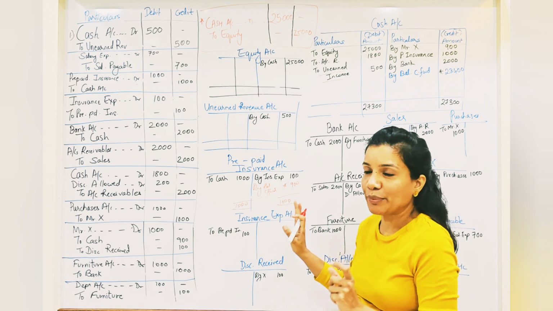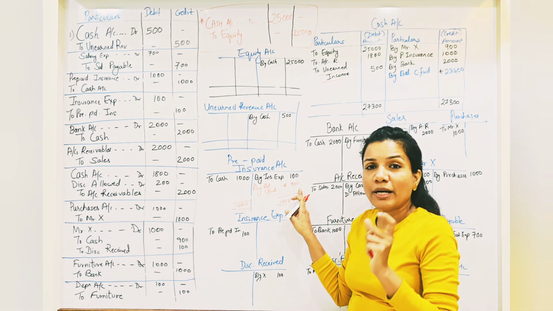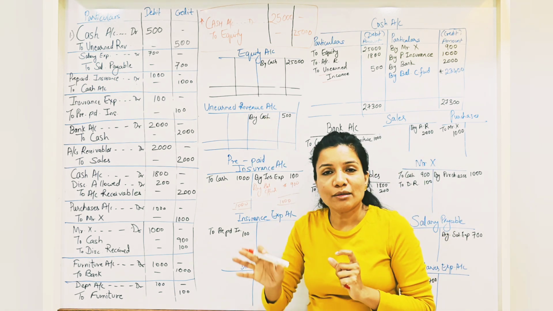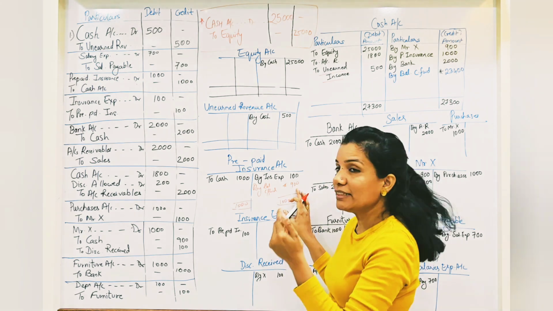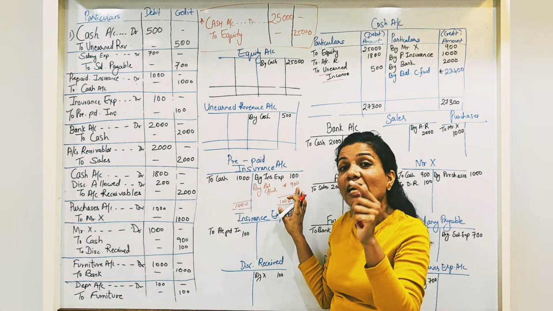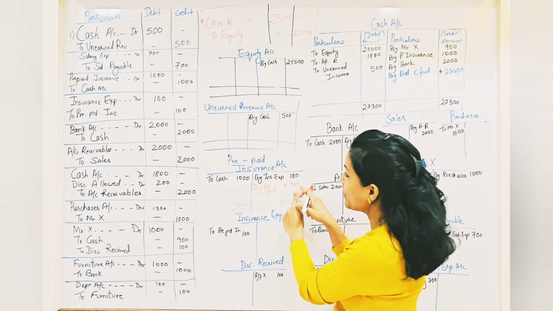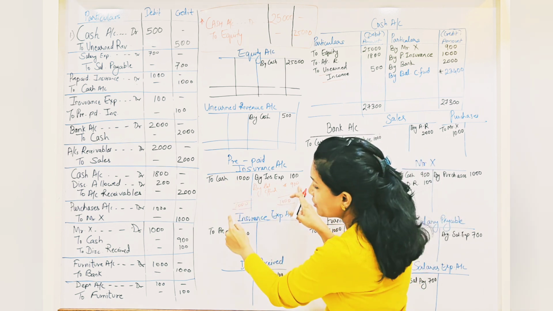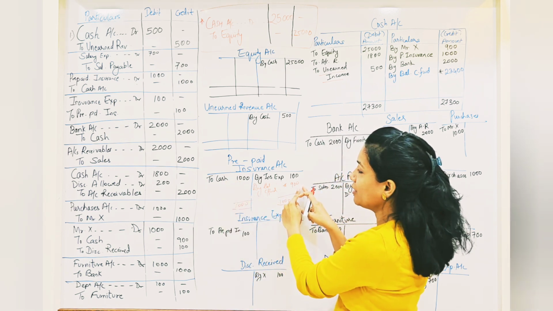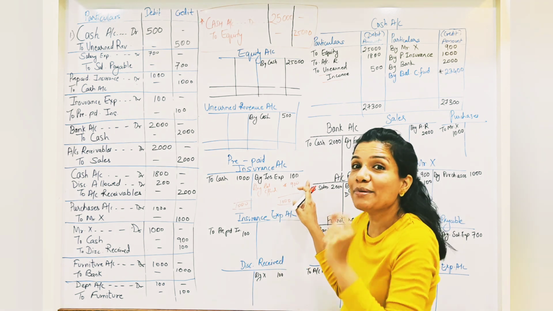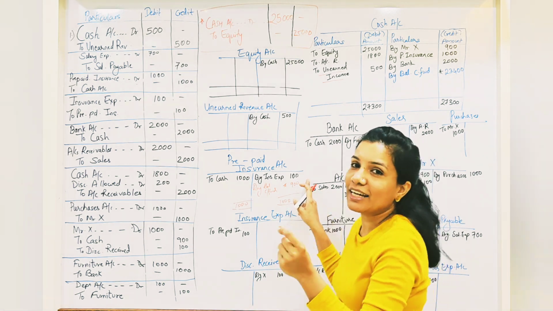The balance of the prepaid account is only 900. But the question is, in the trial balance, will I record this 900 in the debit column or the credit column? In the debit column. Although I am writing this on the credit side, it represents the debit balance. Debit side was heavier. So by balance carried forward 900 means debit balance carried forward 900 rupees.